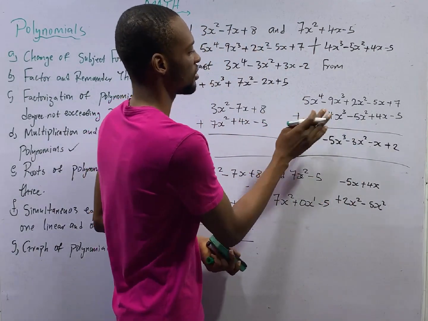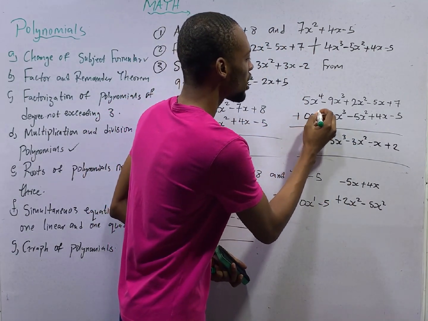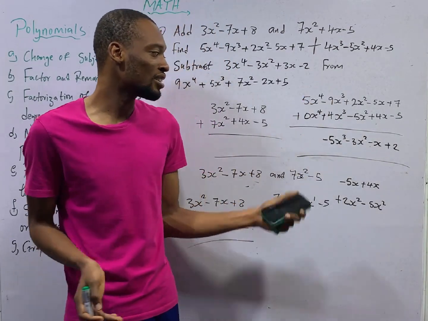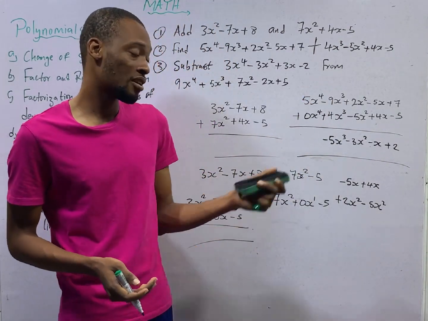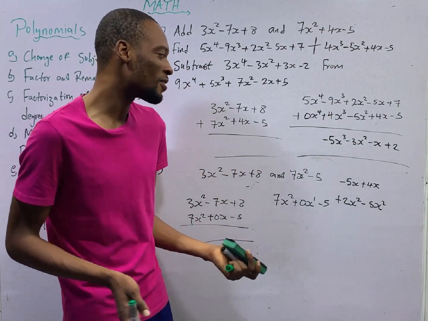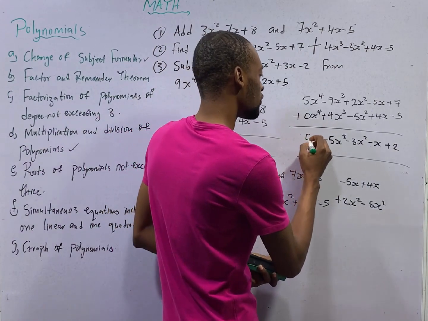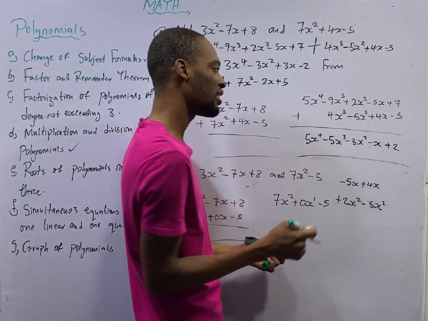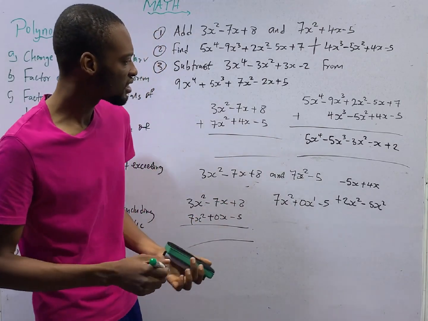Now here means 0s raised to the power of 4 plus 5s raised to the power of 3 plus 0s, 5s raised to the power of 4 plus 0s raised to the power of 4, 5s raised to the power of 4 remain. So you can choose to ignore this or add it. That is it.